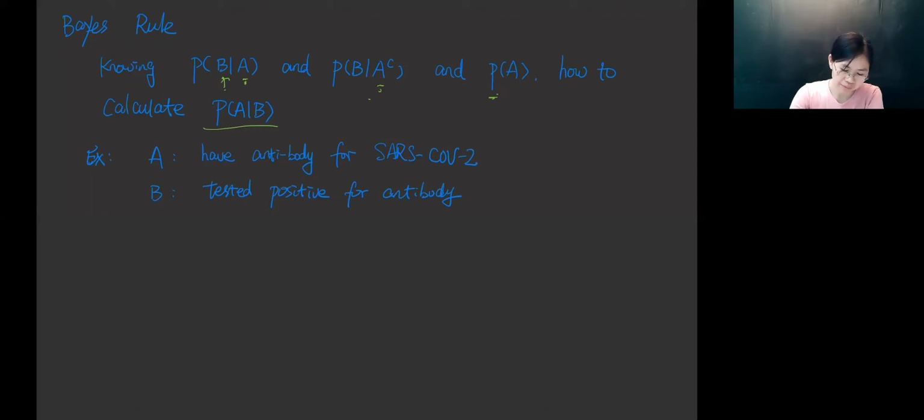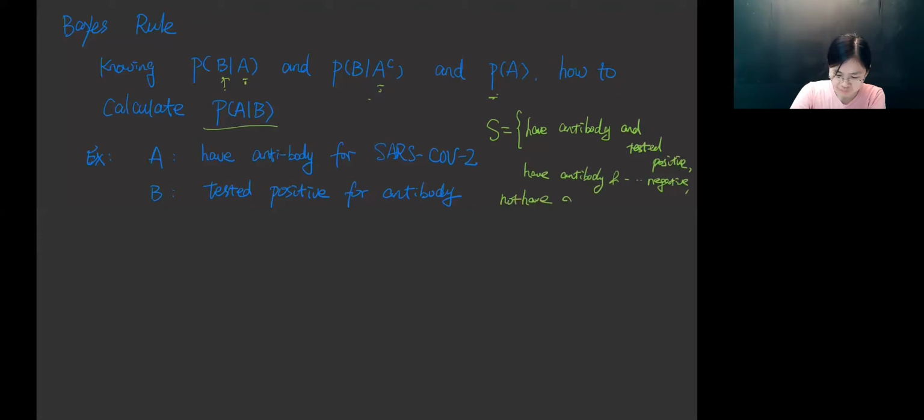So now in this example, the sample space S is: have antibody and tested positive for antibody, that's one outcome; have antibody and tested negative; do not have antibody and tested positive for antibody; and do not have antibody and tested negative.